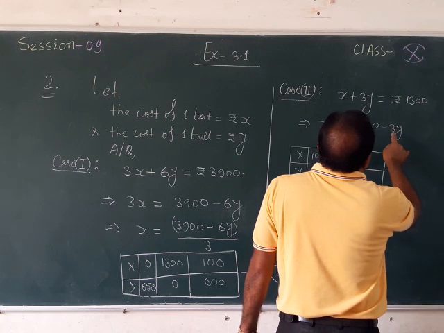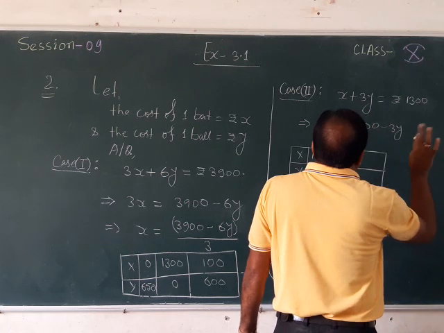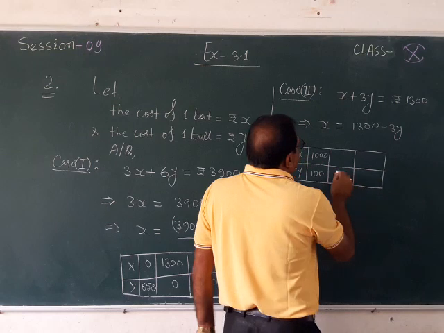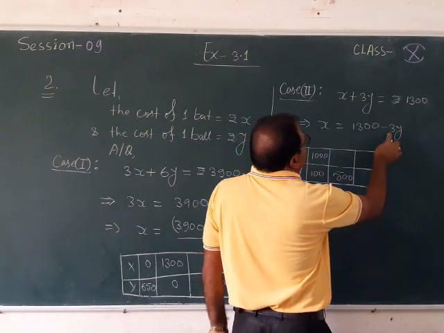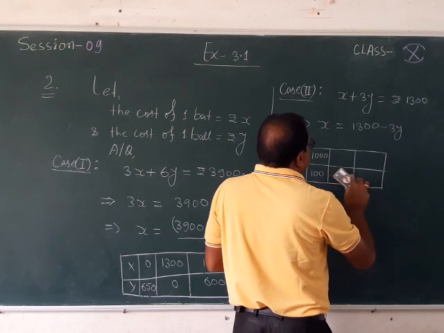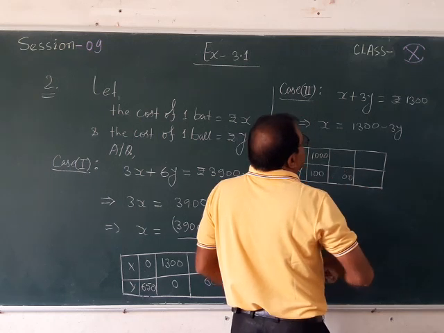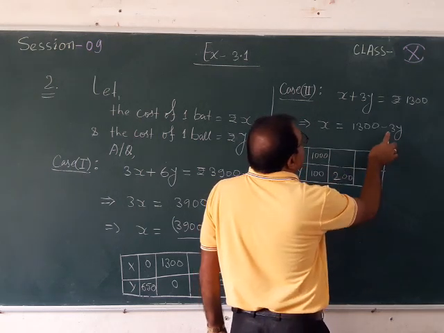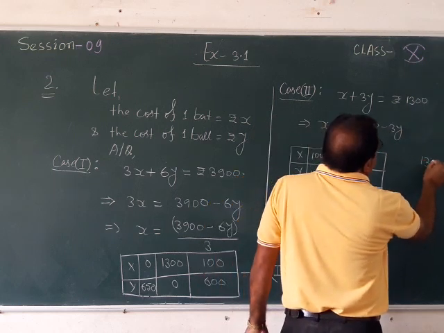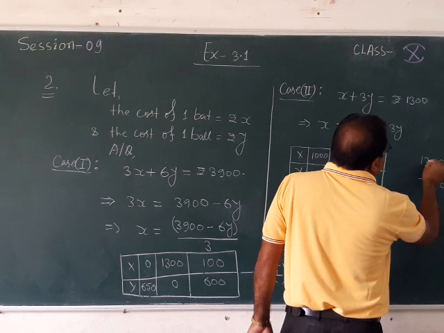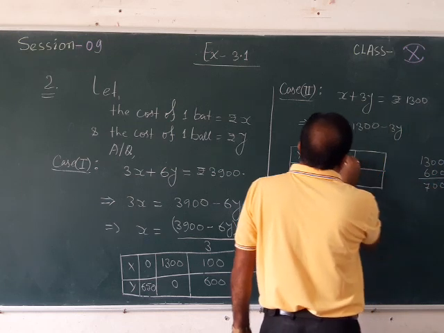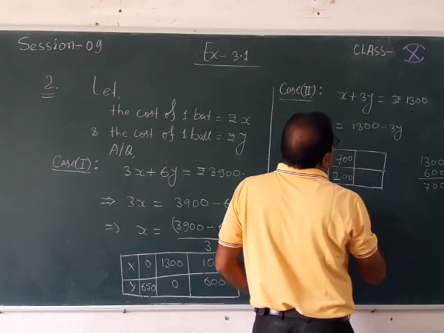1300, 3 cannot divide it, so leave it, no problem. Now you can take y as 500, then 5 threes are 15, but don't go for a negative value, take it as 200, then 3y will be 600, and 1300 minus 600 is 13 minus 6, that is 700, so you are having 700.